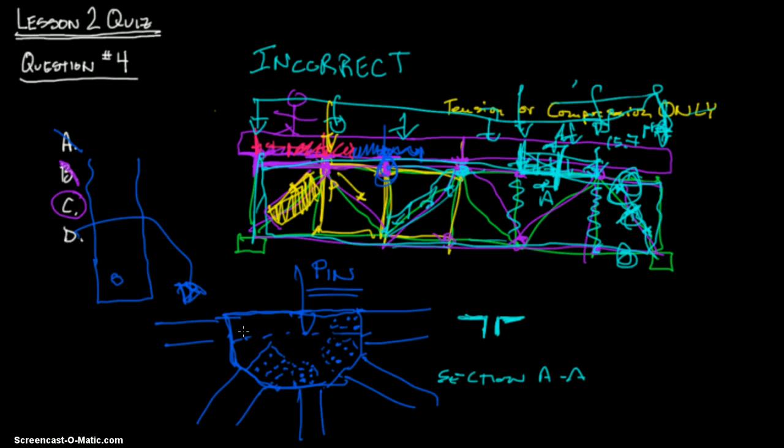D. Necessary to consider when designing primary trusses spanning long distances. And that's once again incorrect, because this is pretty much what we were looking at, a long span. The longest spans you get, typically for large loads, will be bridge trusses, and you do not consider them.